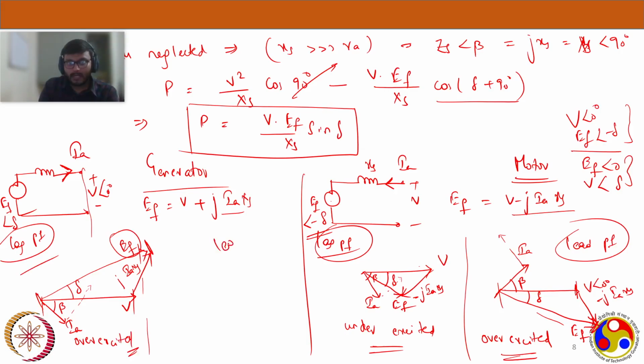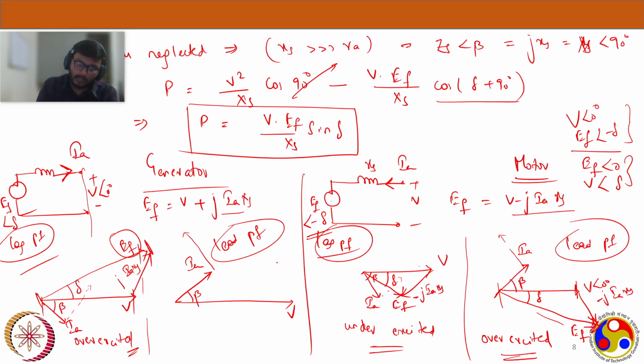Now the same condition, I will quickly do it for leading. Now this is V, leading power factor. IA would be leading, and this is beta. And I have to add jIA Xs, which would come here, and EF would be V plus jIA Xs. This is my EF, and this is my delta.